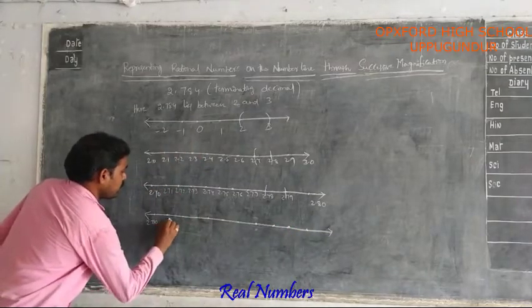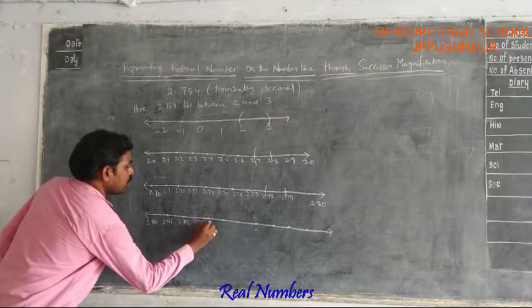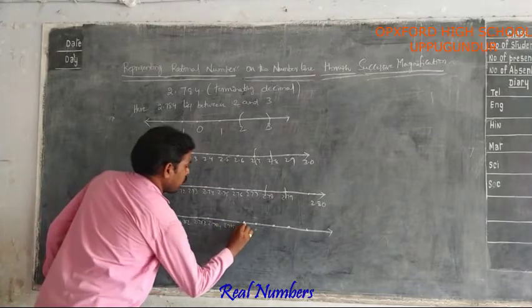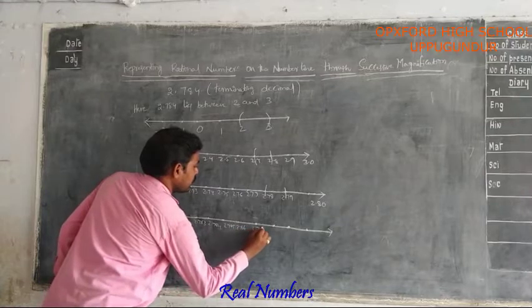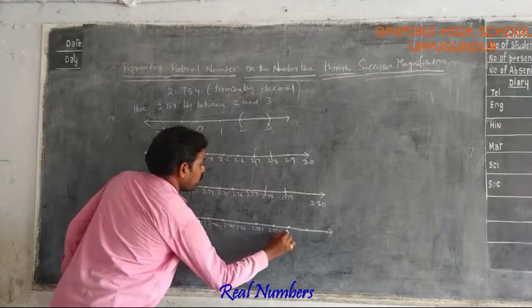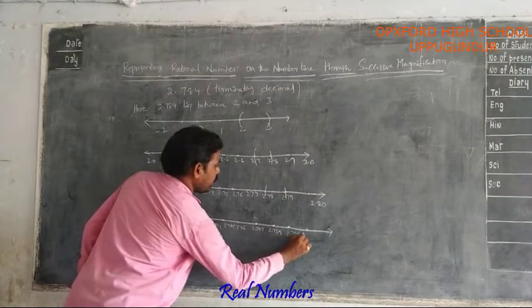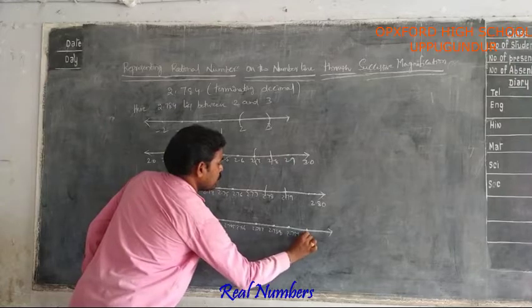So 2.781, 2.782, 2.783, 2.784, 2.785, 2.786, 2.787, 2.788, 2.789, 2.790.